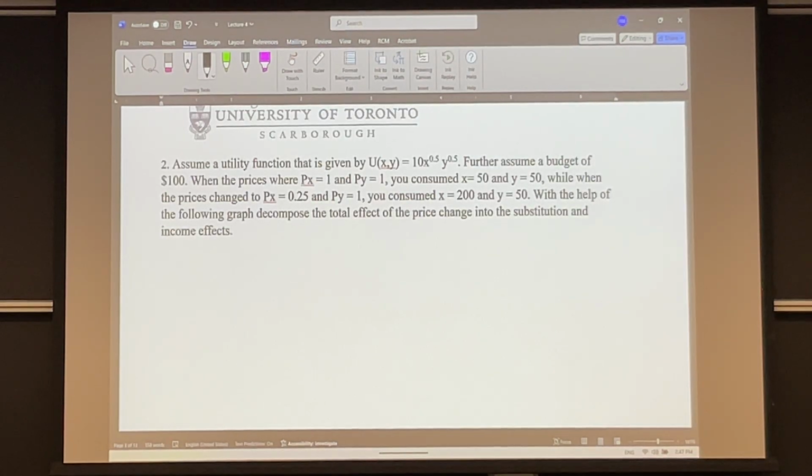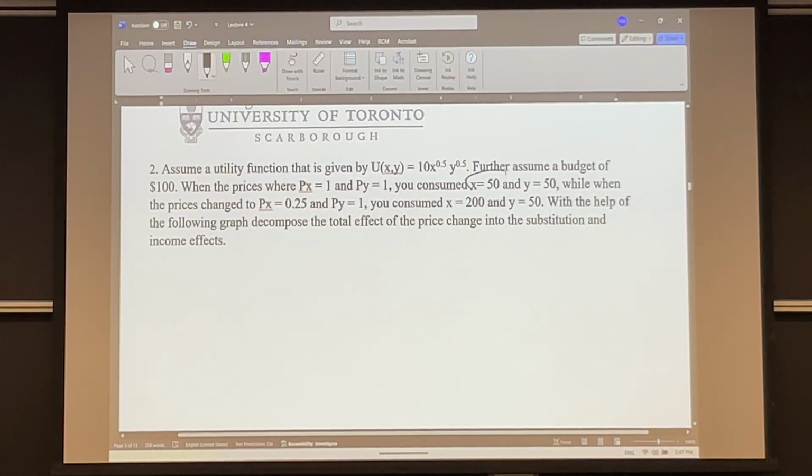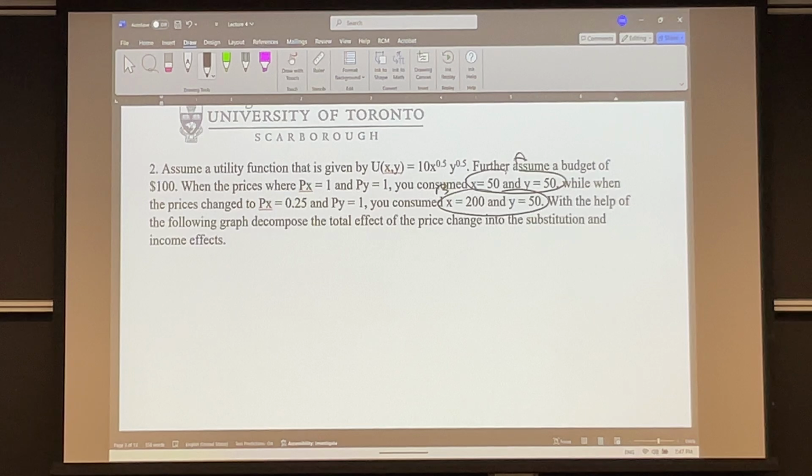This gives you the initial bundle, that's A, and the terminal bundle, that is B. Alright? So you know the initial bundle. That is when the price of X is 1, the price of Y is 1, and the income is 100.